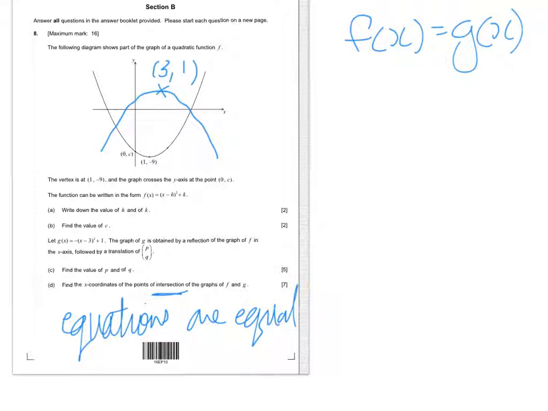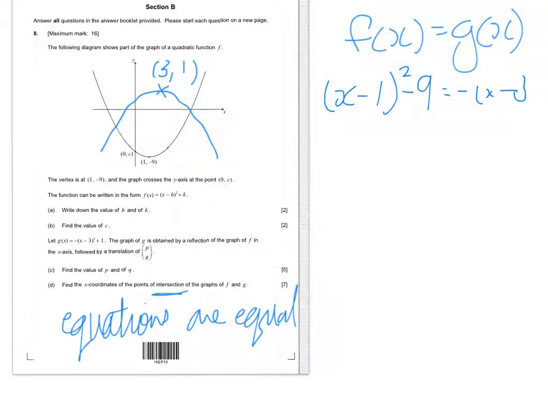Having said all that, now we've got f of x because we worked that out in part A. We had x minus 1 squared minus 9, and we've got g of x, because that's given to us before we started part C, is negative x minus 3 squared plus 1.